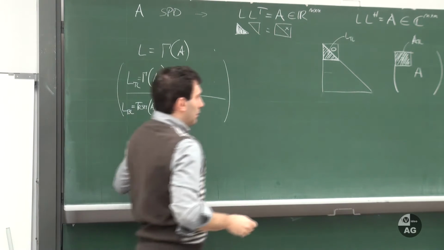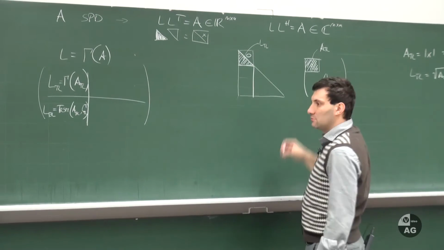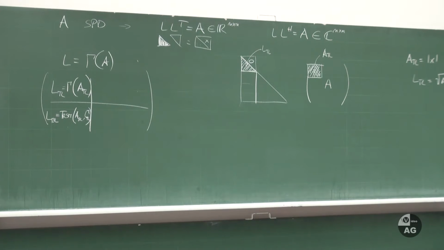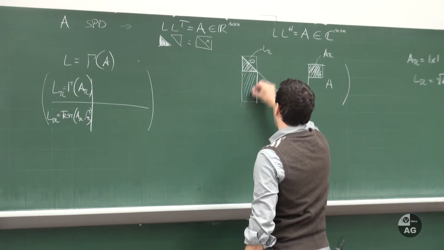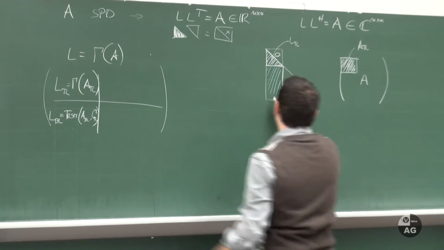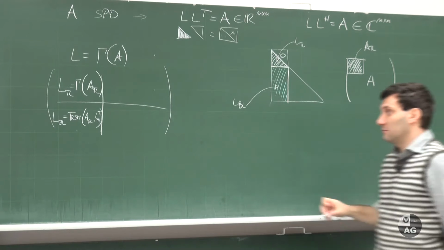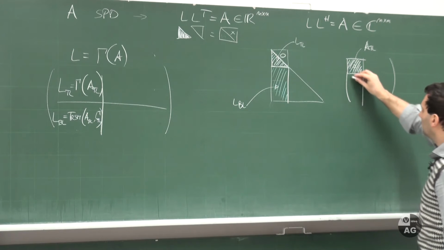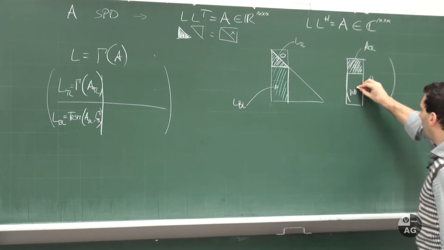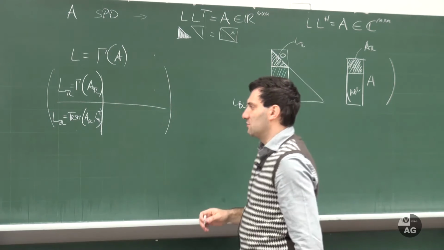What does this mean? This relation tells me that this part of the solution, which is L bottom left, is nothing more than a triangular system identified by A bottom left, which is this part here, and what we just computed, L top left transpose.